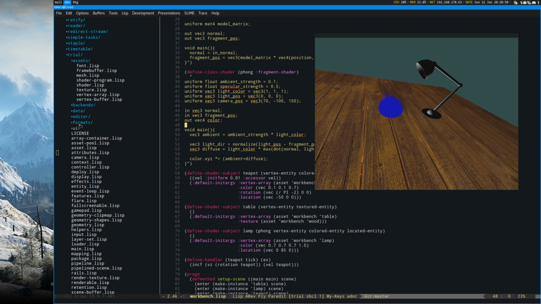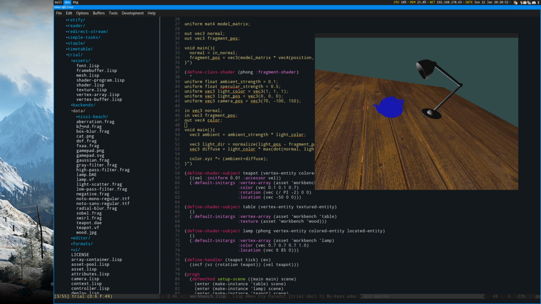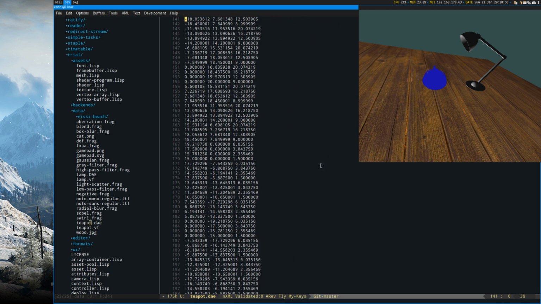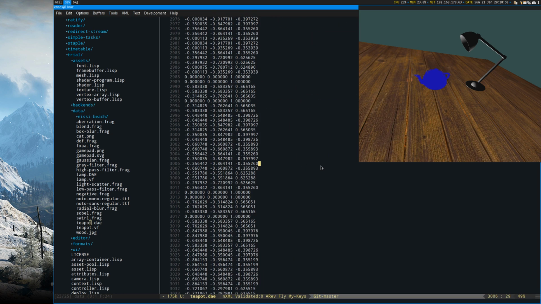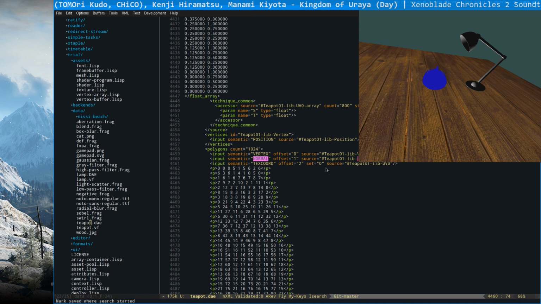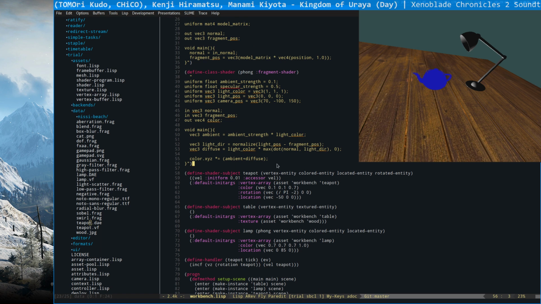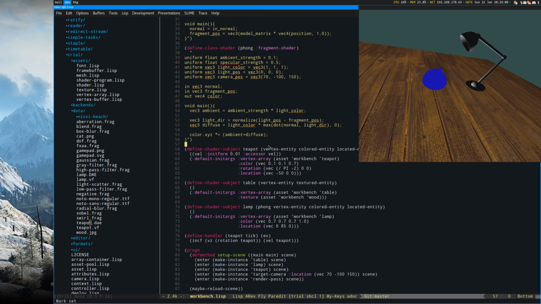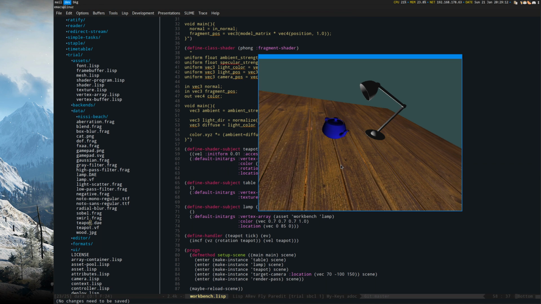Let me check the file. Yes, we do. Good. So the teapot should also be... Yes, it does. Sort of.